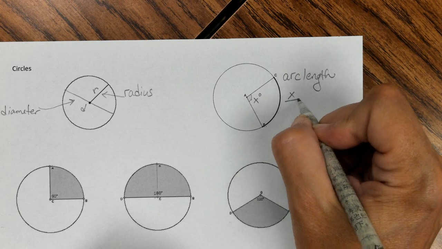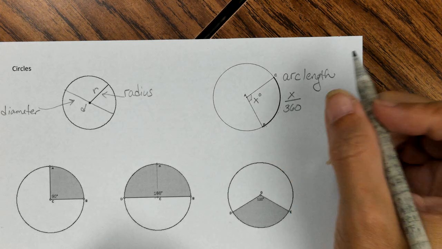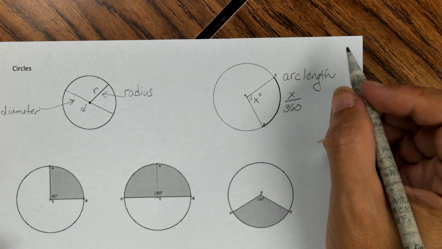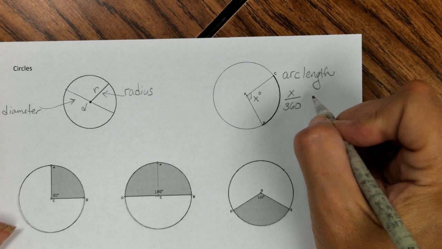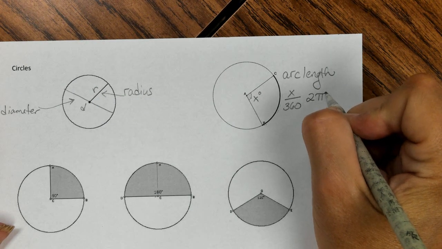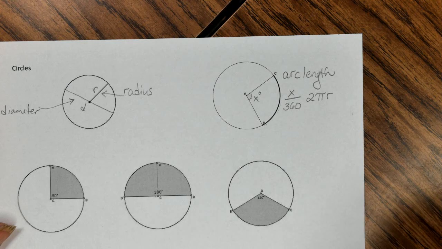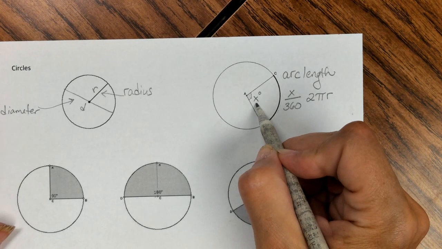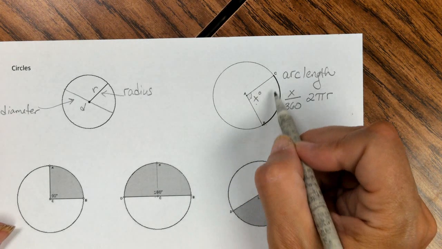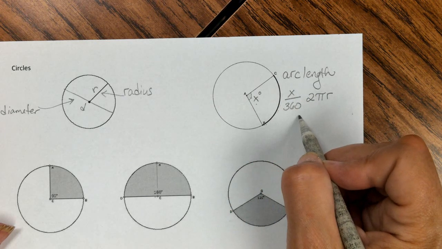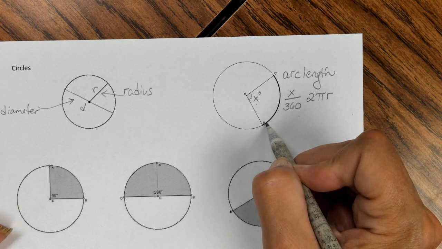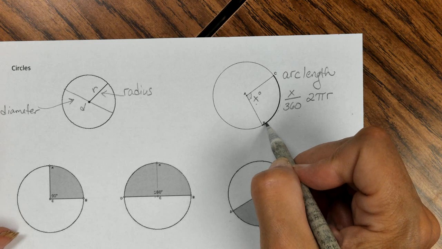So x over 360 times 2 pi r gives us the arc length. Whatever that central angle is, divided by 360, this tells us what fraction of the circle that is, and then you take it times the formula for circumference, 2 pi r.